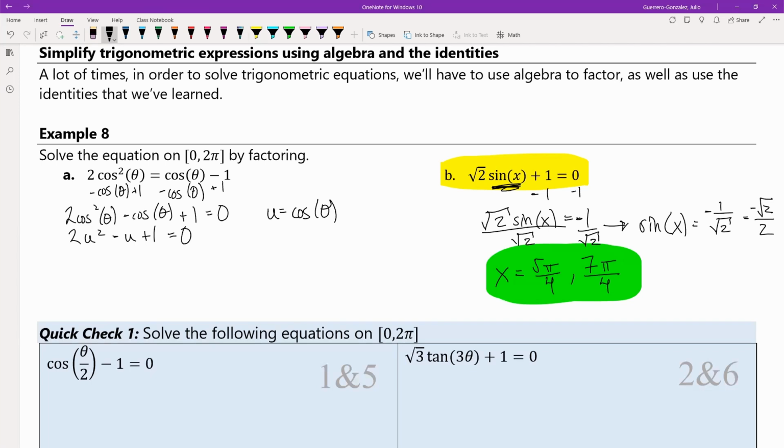This turns out it is equal to 2u plus 1, u minus 1 is equal to 0. Did I screw that up already? I did.